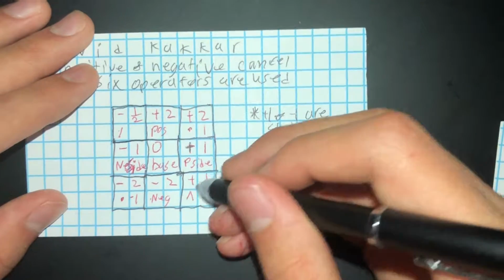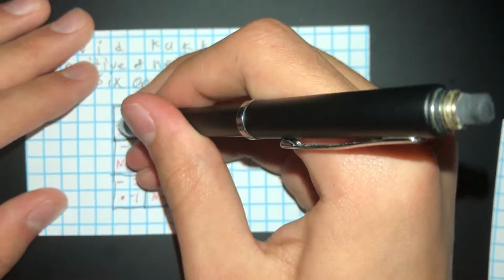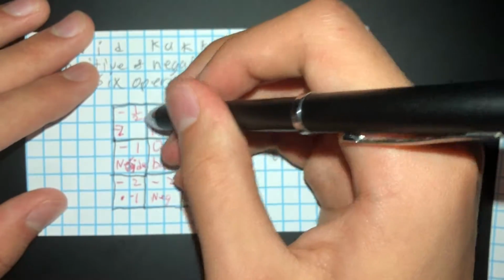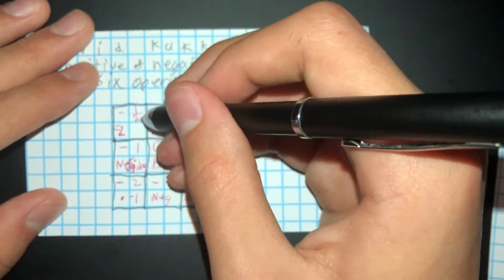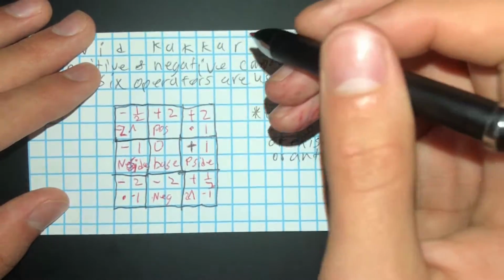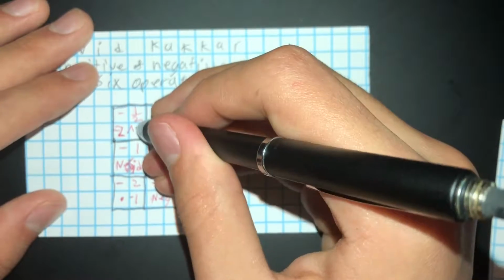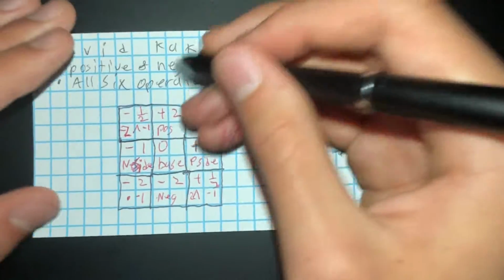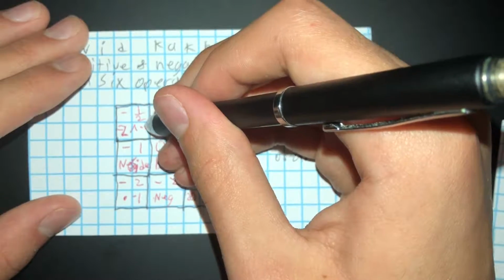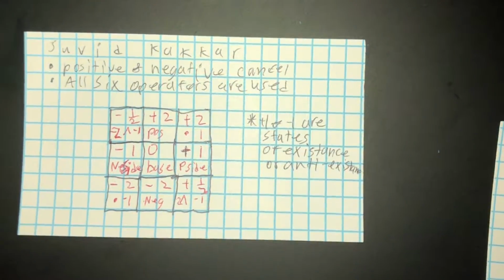So it'll still be 2 and it'll still be -2 to the negative first. So you might say, hold on, -2 to negative first.